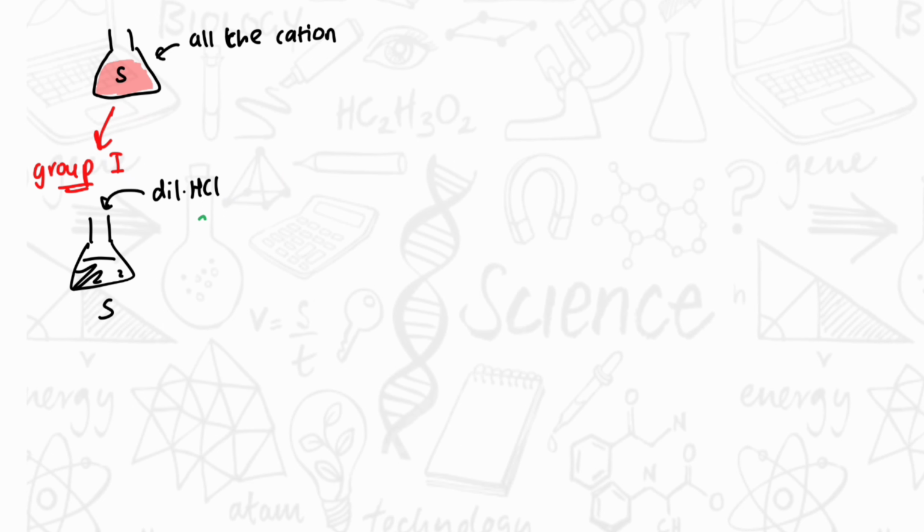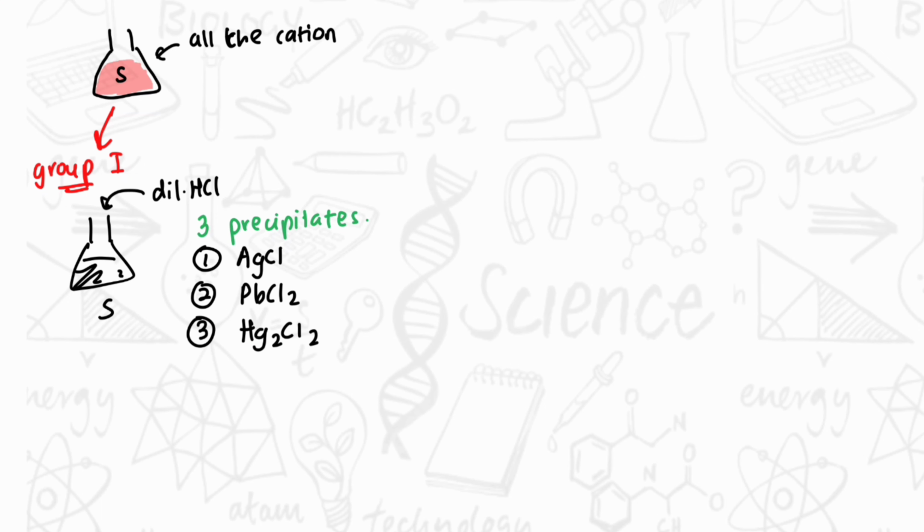And this will give us 3 precipitates. The first one will be silver chloride. The second one will be lead chloride. And the third one will be mercury 1 chloride. All these 3 precipitates are white in color.